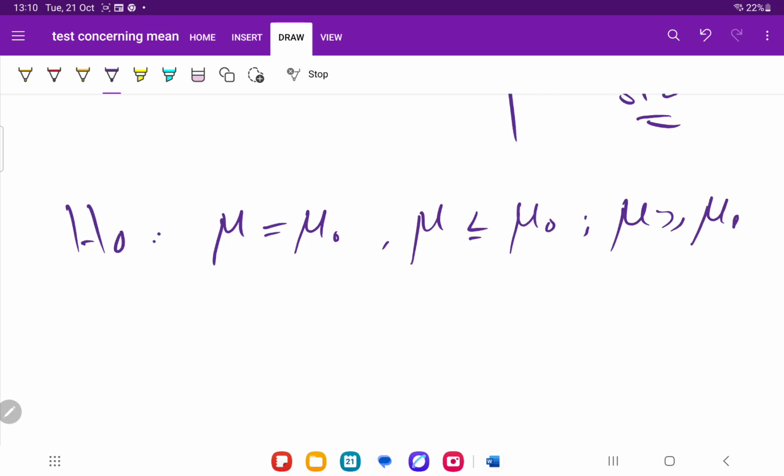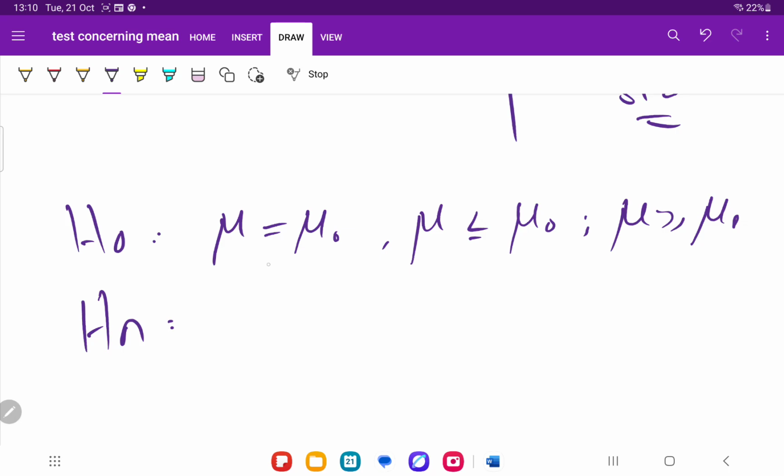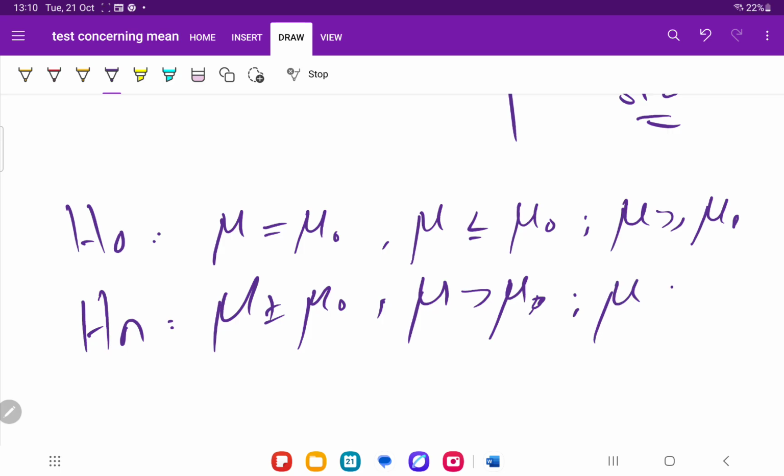The corresponding alternative is: for equal to, not equal to; for less than or equal to, greater than mu naught; and for greater than or equal to, less than mu naught. In both the T and Z cases, these hypotheses remain the same.